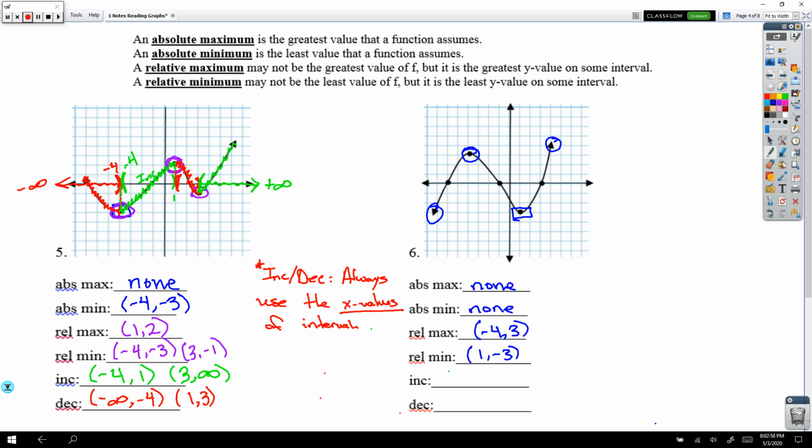Now, increasing and decreasing intervals, again, I'm going to go a little bit quicker here. Right side of my graph, I'm going up, so I'm increasing, and that's from -infinity to -4. And I'm decreasing from here to here, so that's -4 to 1.